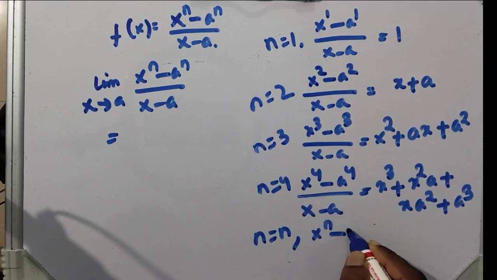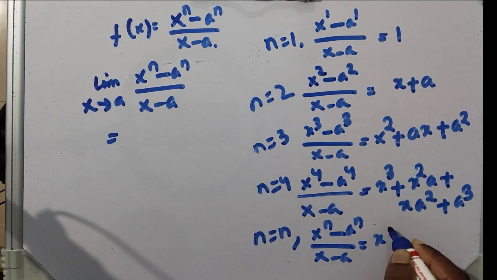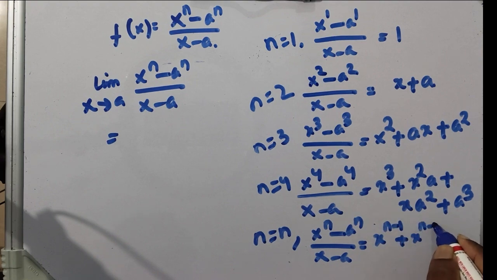x to the power n minus a to the power n by x minus a is equal to x to the power n minus 1 plus x to the power n minus 2 a plus dot dot dot. At the end we will get a to the power n minus 1.